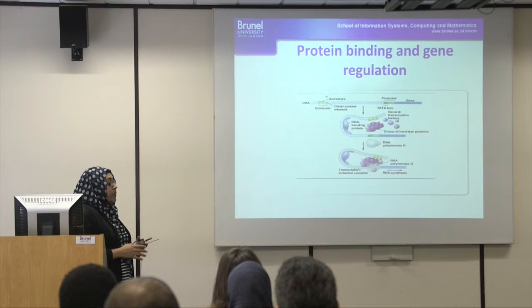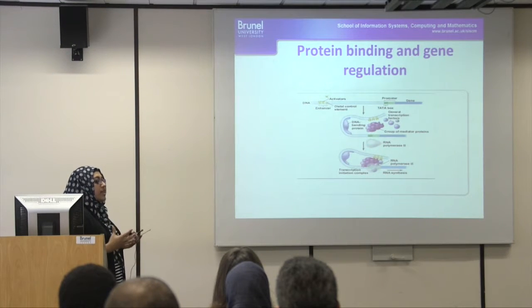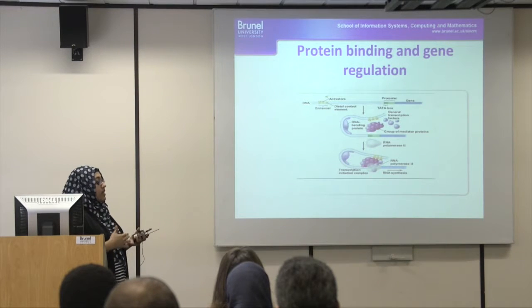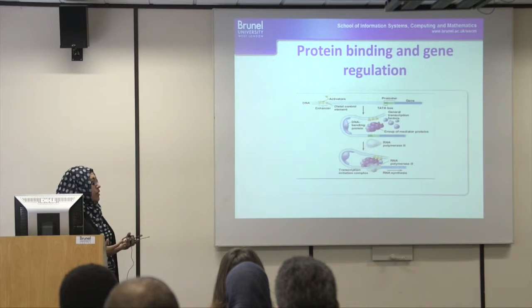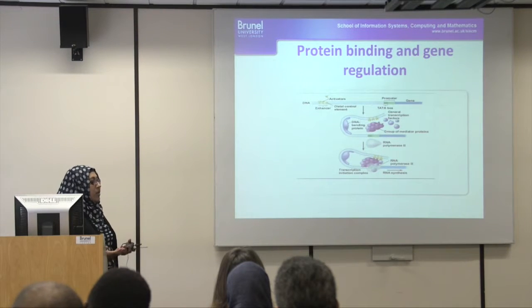so that they can produce the right amount of protein that we need and when we need it. But this process is very complicated, and it is also related to various diseases. If the process is disrupted unduly, it could cause even life-threatening diseases like cancer and other diseases.